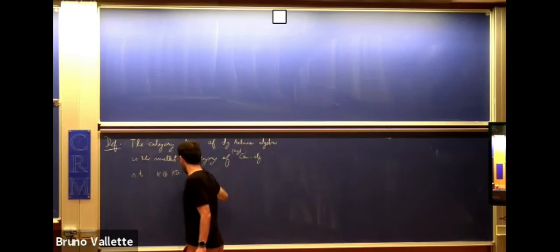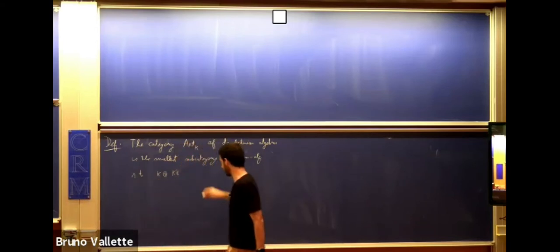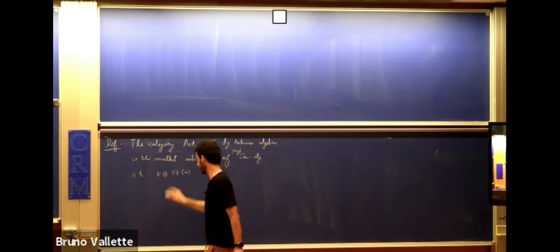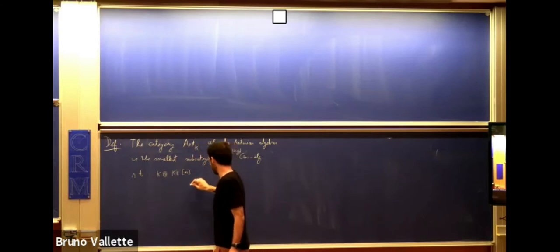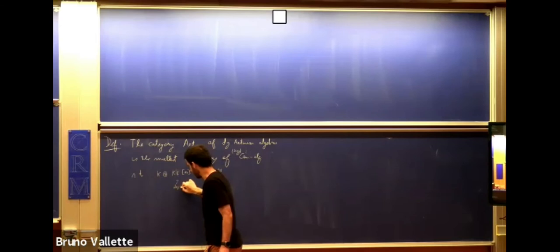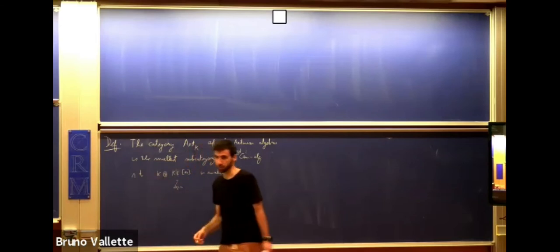Sorry, this plus K epsilon. So this two-dimensional algebra K epsilon, with epsilon living in degree minus n and this living in degree 0, is small. So just degree n. This is the identity, the unit of the algebra.